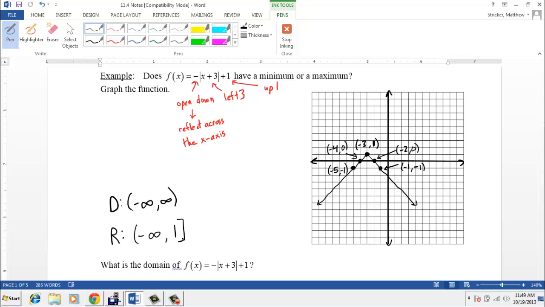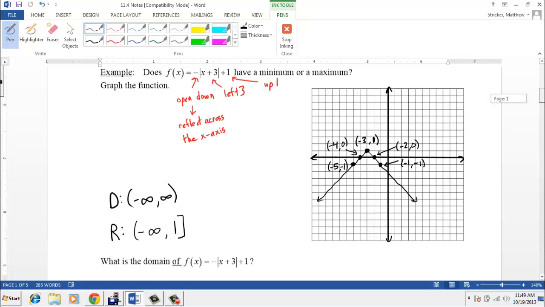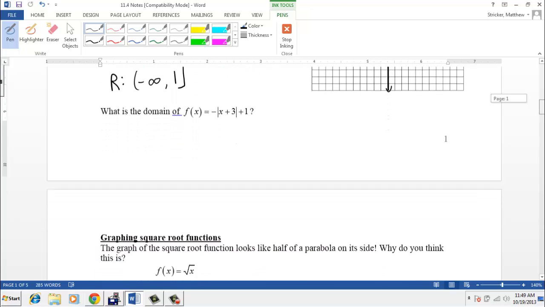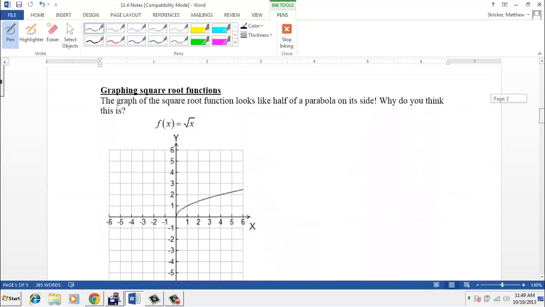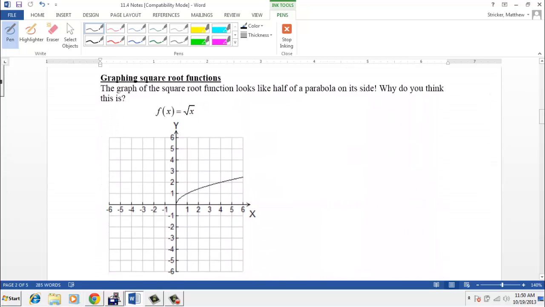So that's absolute value, and again, this should be review. Now, what's not review is this new type of function, which is called the square root function. It's pretty obvious, I think, where the name comes from, because it's f of x equals the square root of x. And you can see the graph is already on this graph.